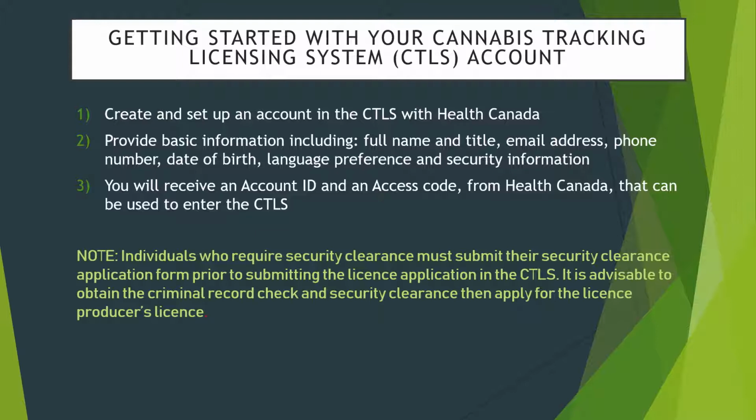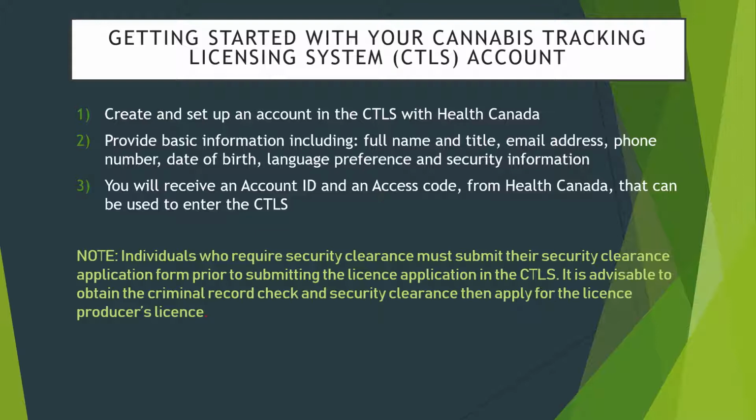Getting started with your Cannabis Tracking License Systems, CTLS, account. Create and set up an account in the CTLS with Health Canada. Provide basic information including your full name and title, email address, phone number, date of birth, language preference, and security information.